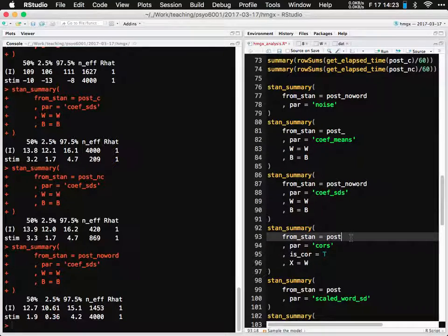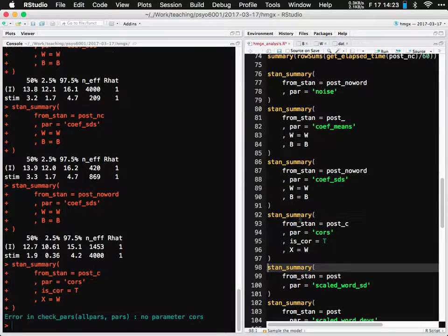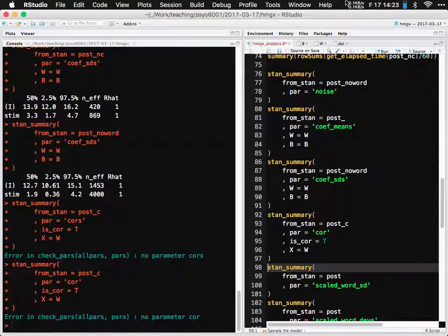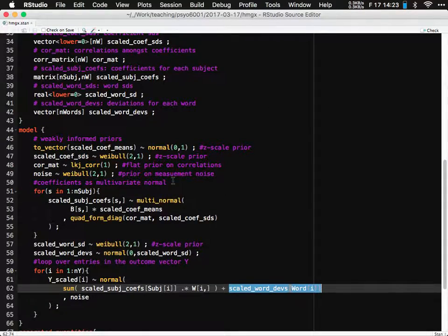The final thing we'll look at is the correlations. Oh, what did I call it in this? Core? What was the correlation in this one?